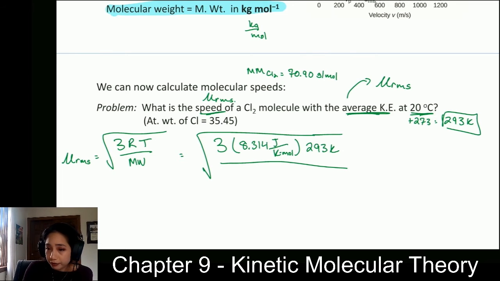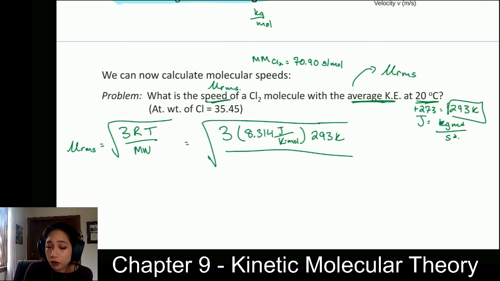I gave it to you right here. It's 70.90 grams per mole, but because the unit of a joule is equal to a kilogram meter squared over second squared, we have to convert grams per mole to kilograms per mole. That's just dividing the molar mass by 1,000.